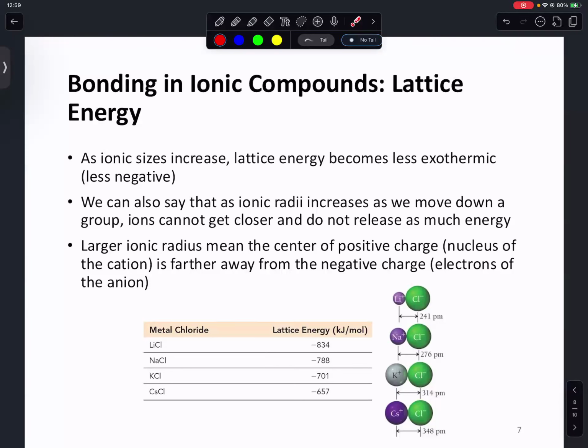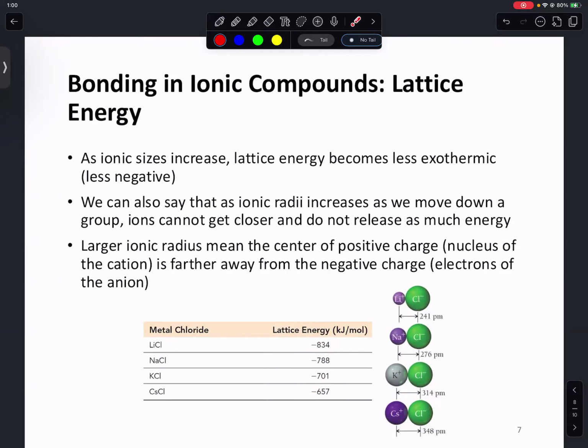As we go from top to bottom in a group, the ionic radius increases and the lattice energy will become less exothermic. Look at lithium chloride, which is more negative or more exothermic compared to cesium chloride.